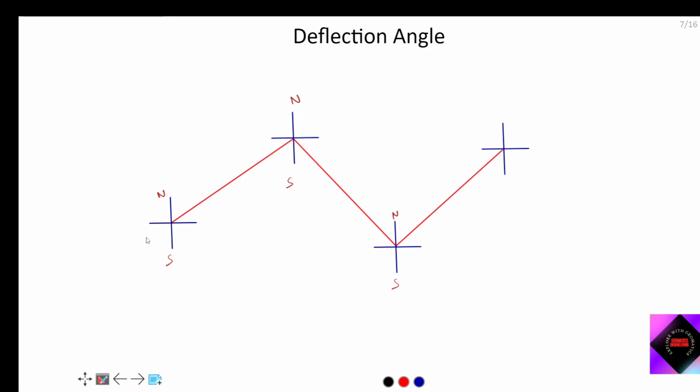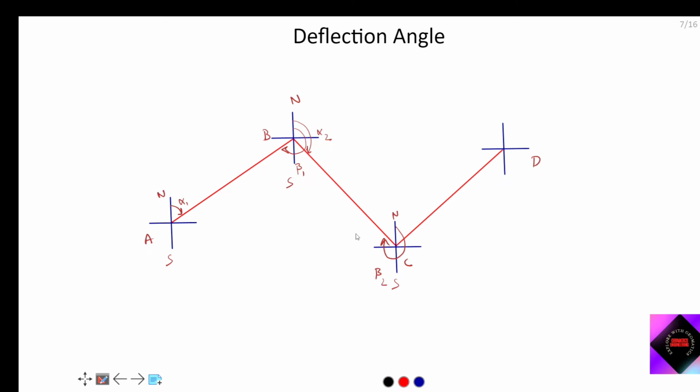For example, this is our A, B, C, D. So we know the fore bearing of AB, alpha 1, back bearing of AB, beta 1, fore bearing of BC, alpha 2, back bearing of CB, beta 2.